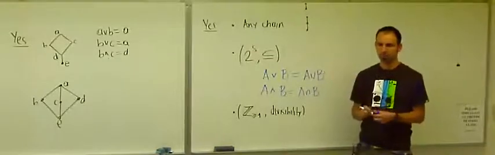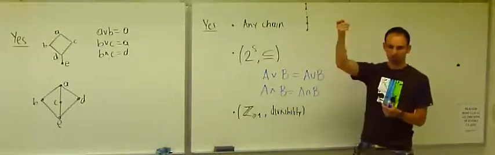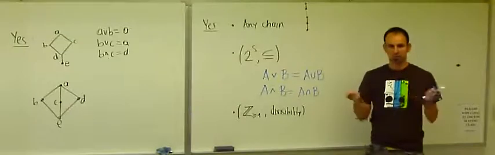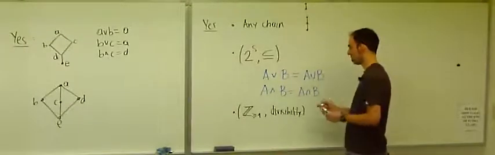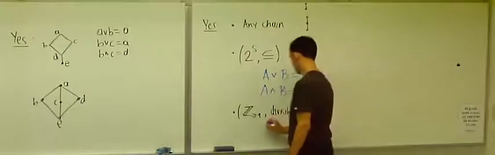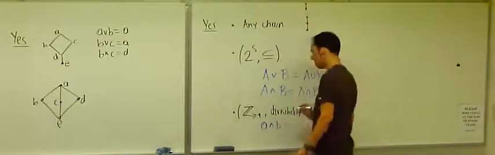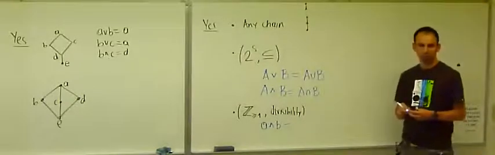Okay? So that's a partial order. If m divides n and n divides p, then m divides p. But if you take two random integers, there's no reason to think that one is going to divide the other. And here we also have, if we take two elements A and B, they're going to be integers. What is their least upper bound?